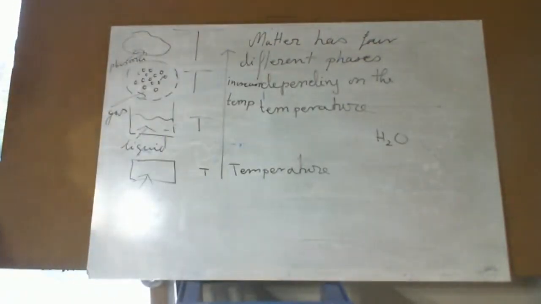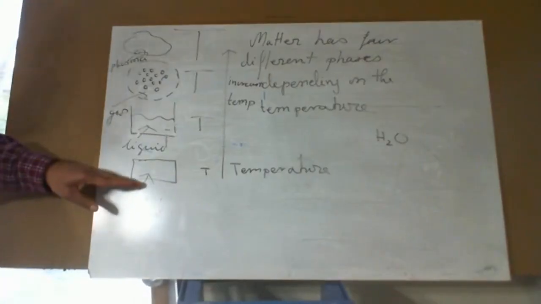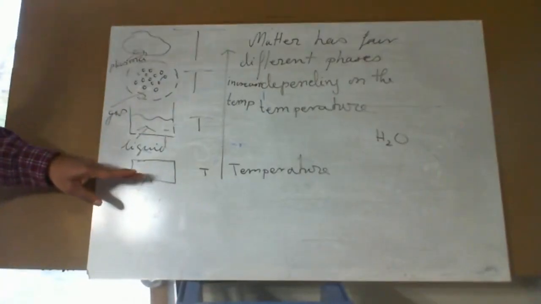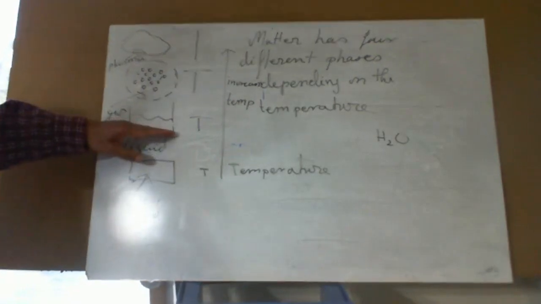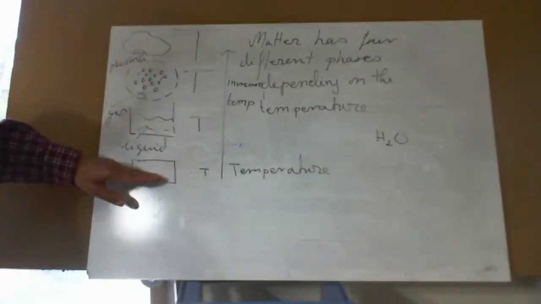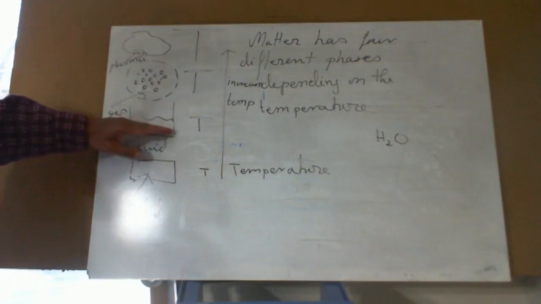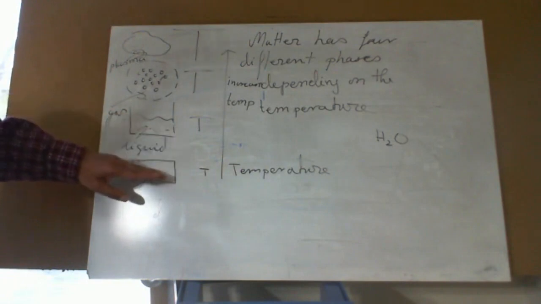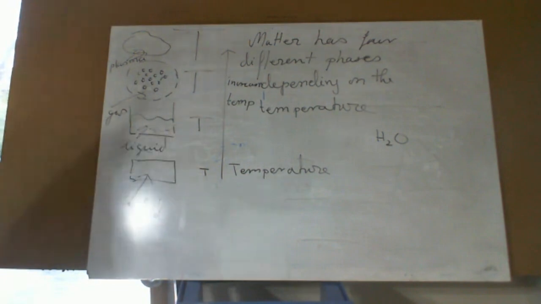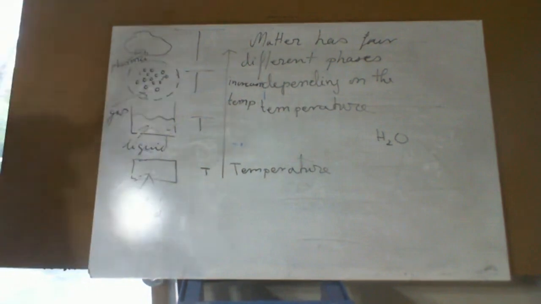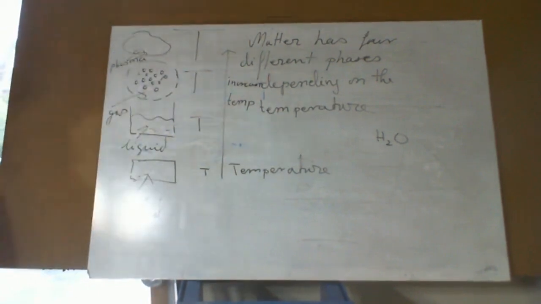So there are 4 different phases of matter. Water melts at 0 degrees Celsius, while aluminum will melt at 660 degrees Celsius, and at a much higher temperature it will become a gas.